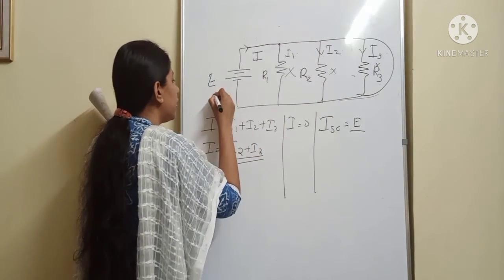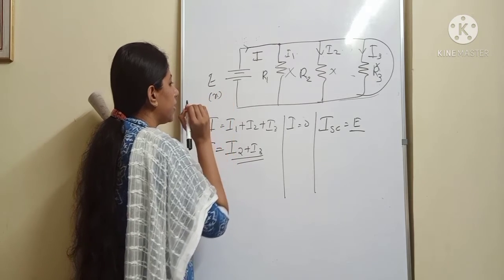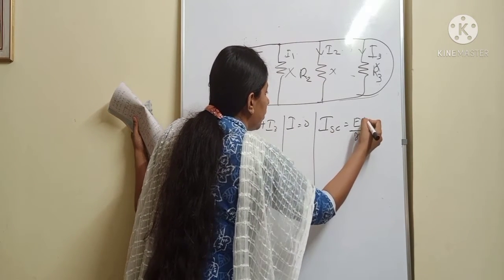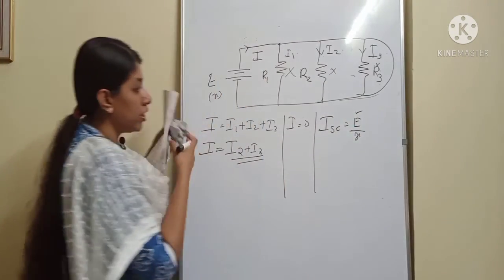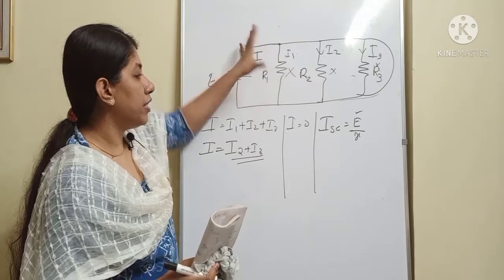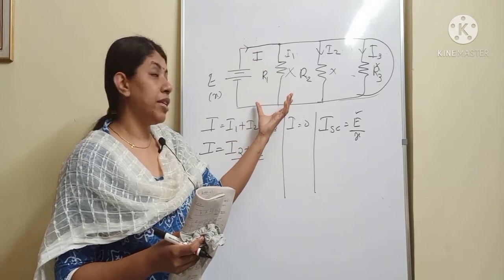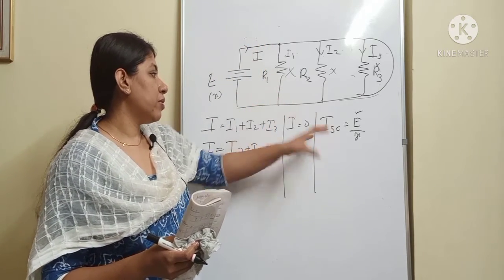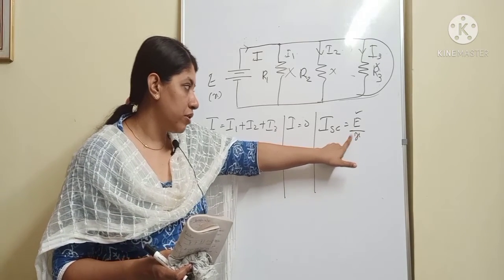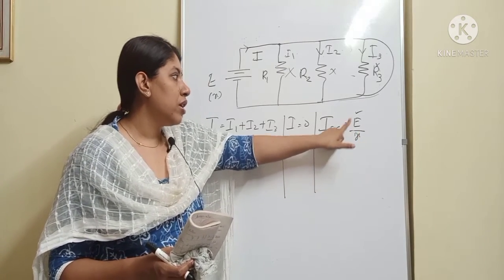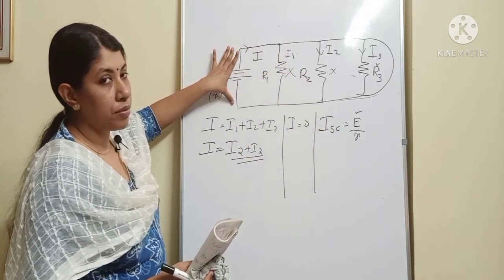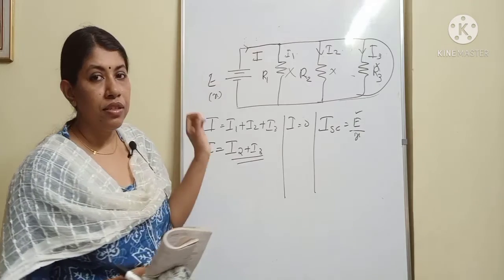So if you consider the internal resistance of the power supply as R, then the short circuit current will be E by R. Since the internal resistance is very small, the current will be very high, and since it appears directly across the supply, there is a chance that this will damage the power supply. If such a high current flows, it will damage the device.